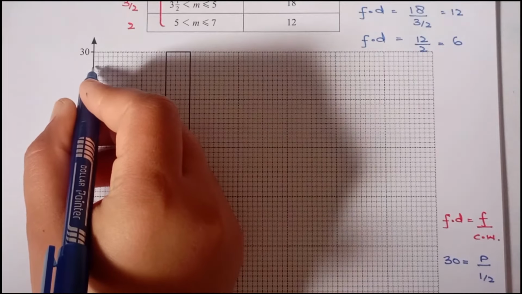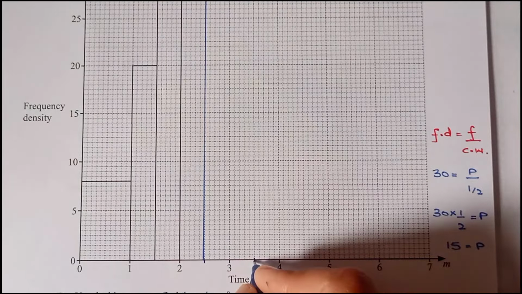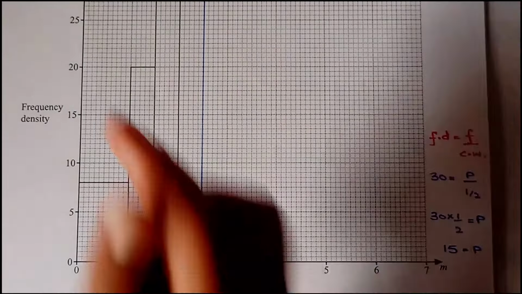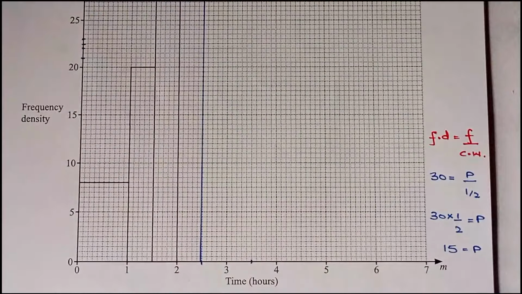Now for the next one, from 2 1/2 to 3 1/2, it would be 23. This is 2 1/2 and this would be 3 1/2, right? The frequency density is 23. So we have 20, 21, 22, 23, over here.